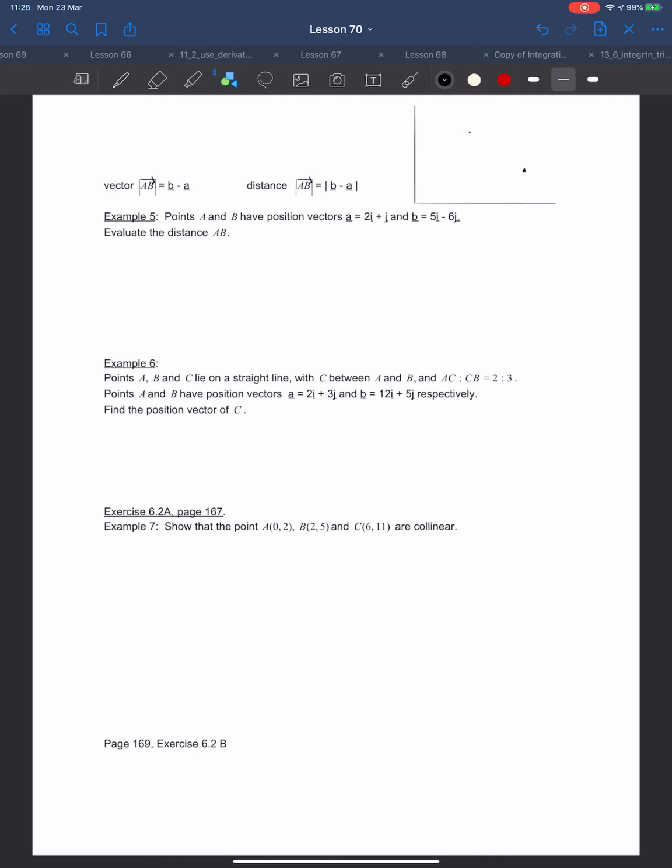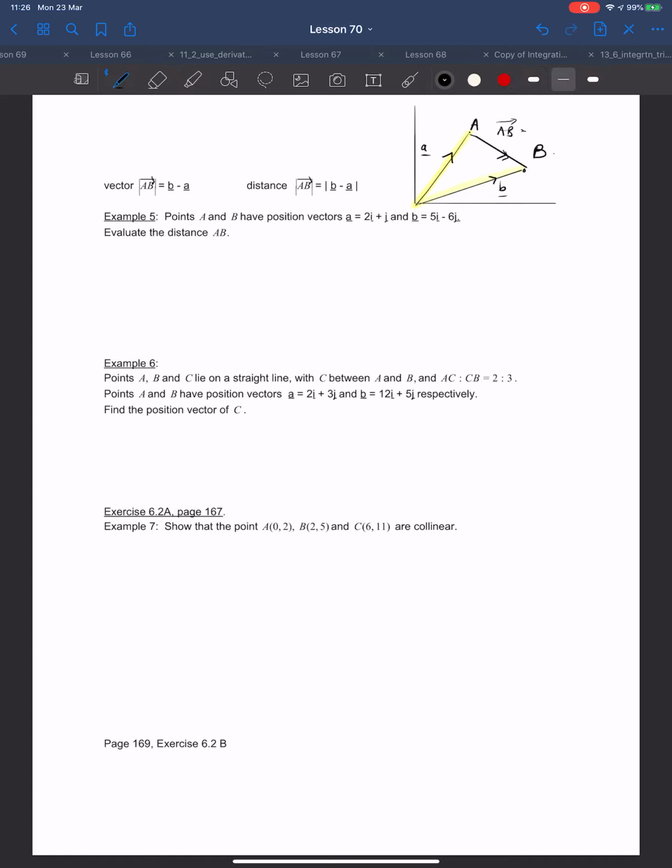Right, we've got A there, B there. So to get from A to B, there's A, there's B, we need to go along there. To get from A to B, we have to do minus a, and then add on b.